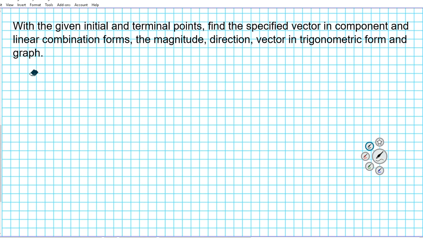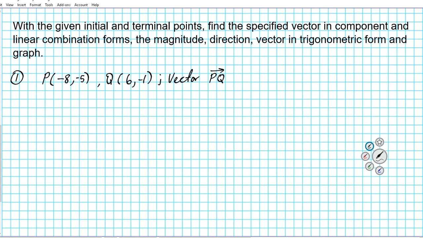Alright, so for problem number 1, let's say we have the initial point P given by (-8, -5), and the terminal point Q given by (6, -1), and the vector that we're going to work on is vector PQ.